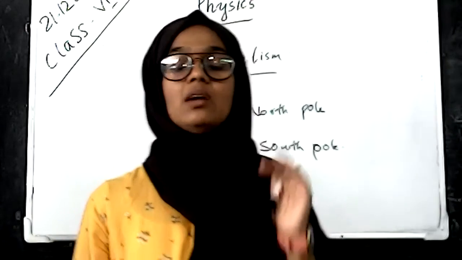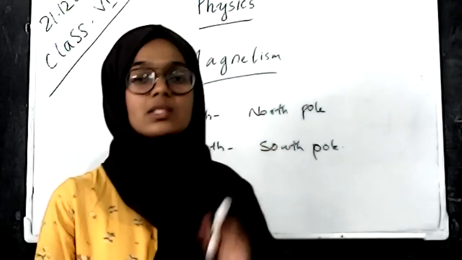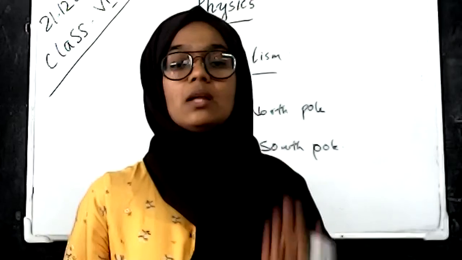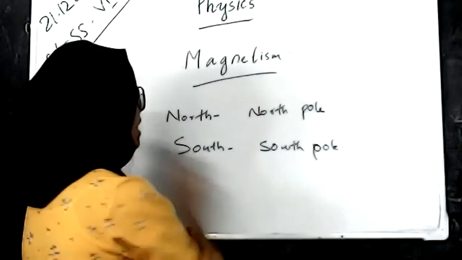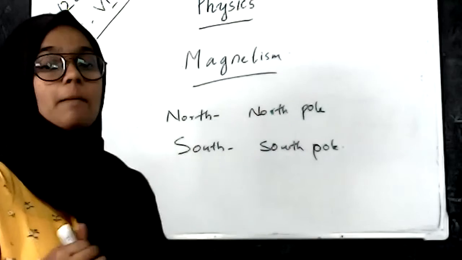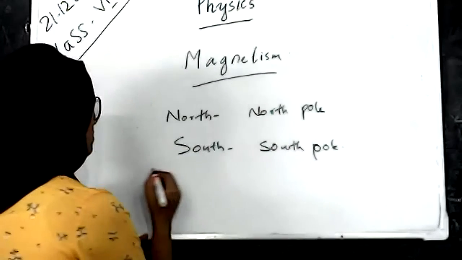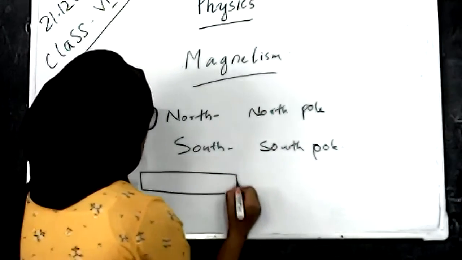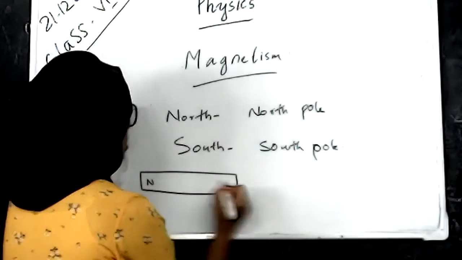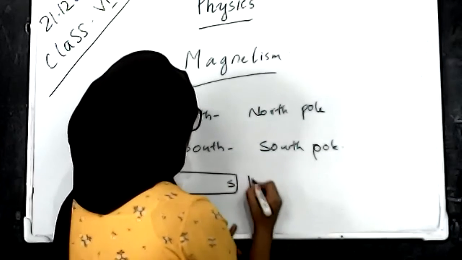So when does a magnet attract an object or repel an object, when does attraction and repulsion occur? For this, we are taking two magnets, with north pole and south pole.